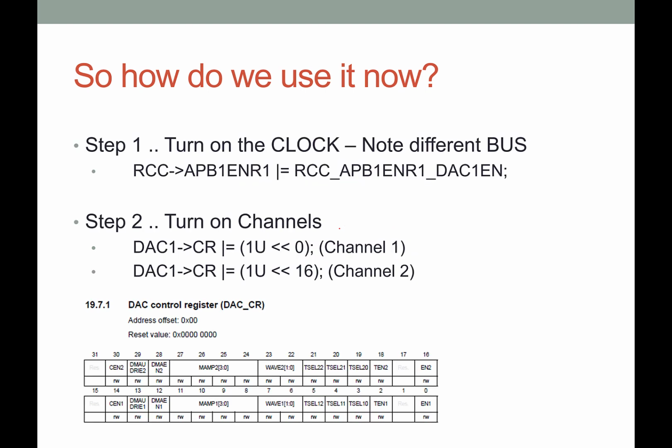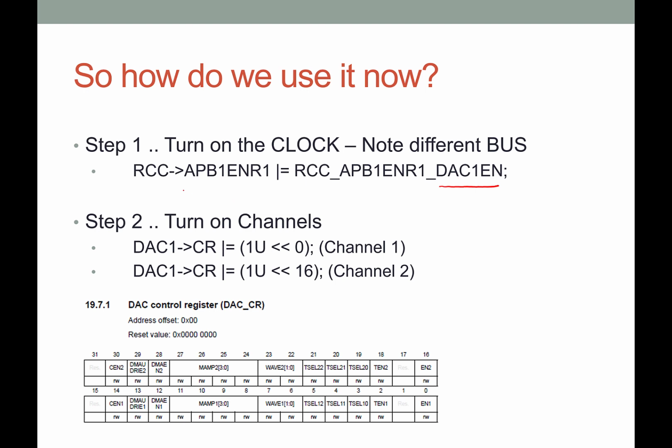We have to turn on the clock for the digital to analog converter, and you can see that right here. We're doing the DAC1 enable. Again, this is a specific bit pattern that you'll look up in the startup file, and then you have to wait for the wake-up start time.